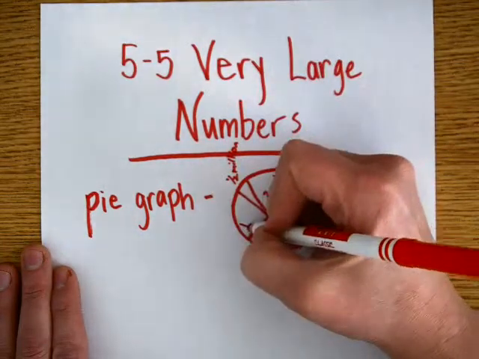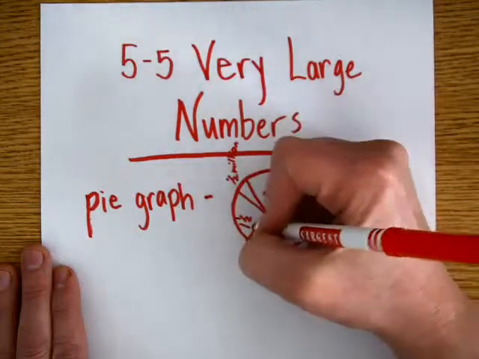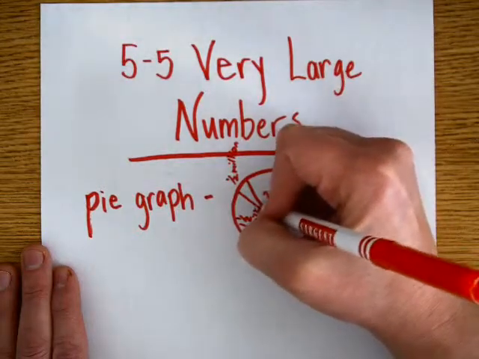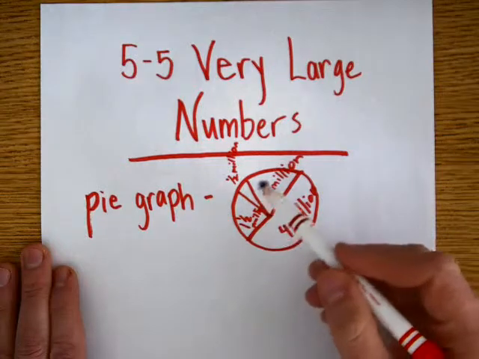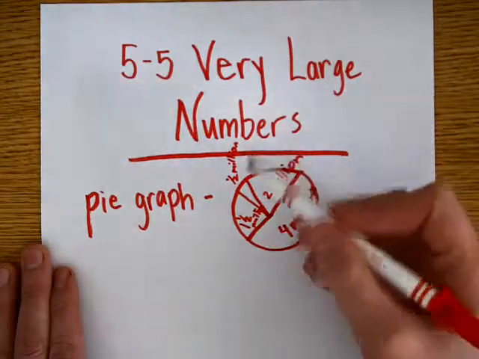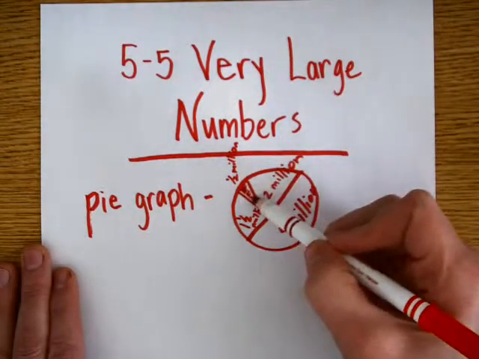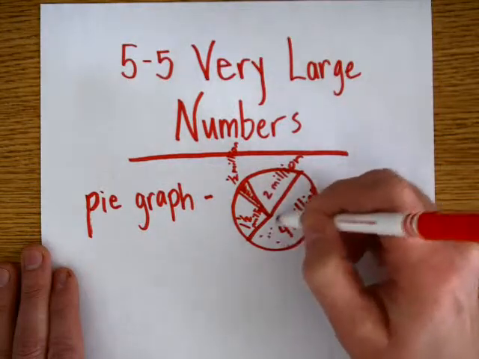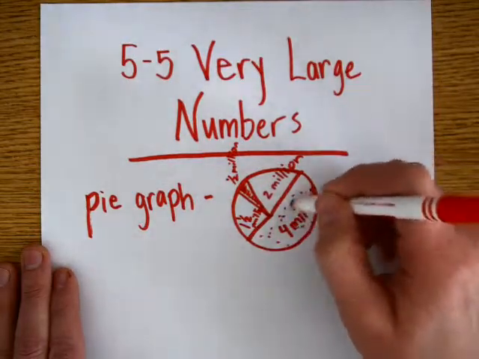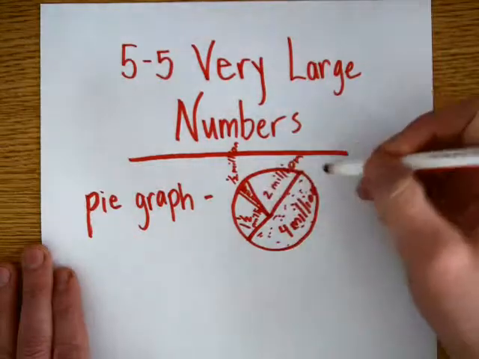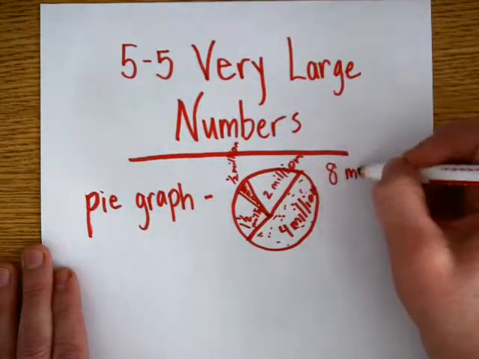And then maybe this is 1.5 million. So you see how you can sort of see by the size of the pie how much each place is. This 500,000 is just this teeny tiny bit, but this 4 million is almost all of it. And then all together in the whole pie, there'd be like 8 million.